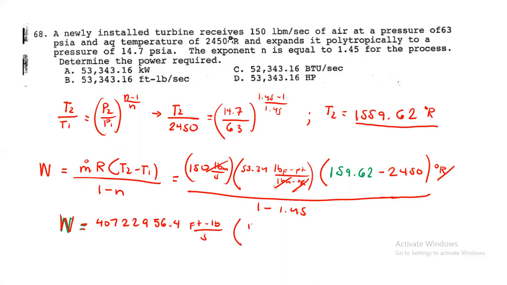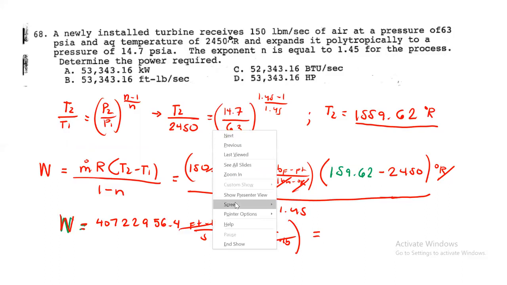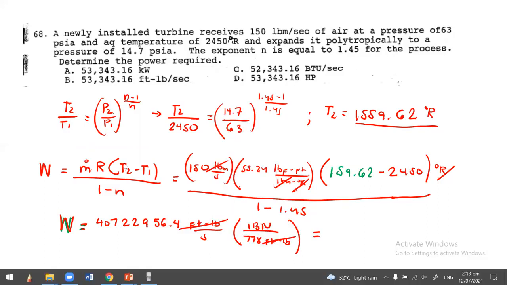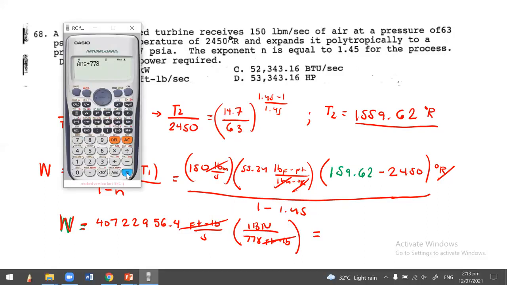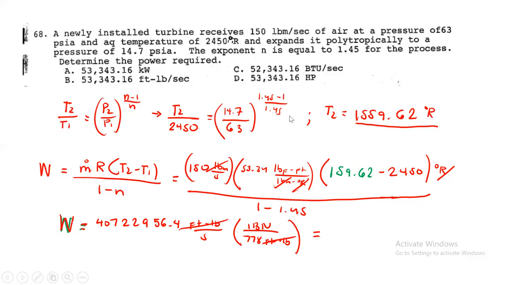Then convert natin 1 BTU per 778 foot to pounds. So, makancel. So, ilan? Divide natin 778. So, 53,343.13 BTU per second. So, sakto lang din nakuha.